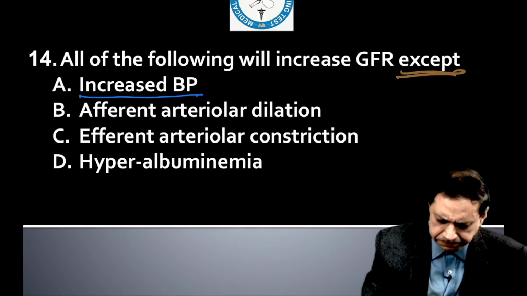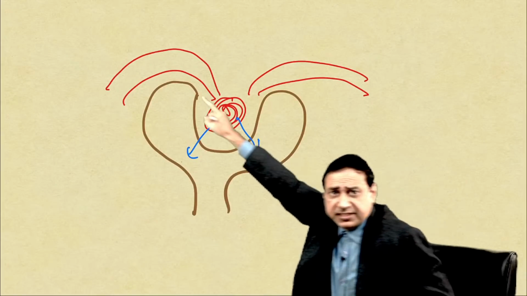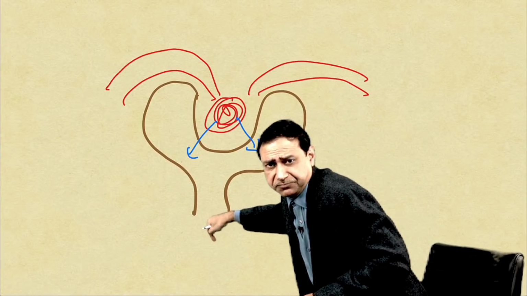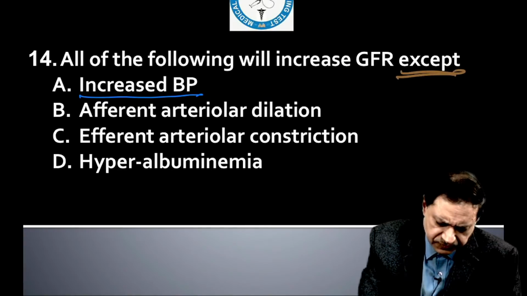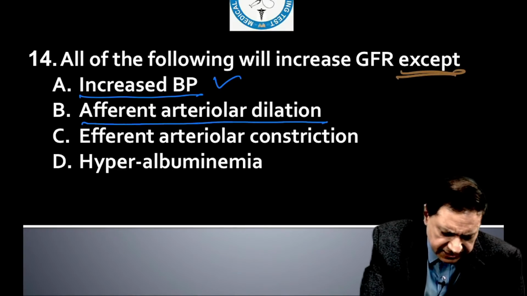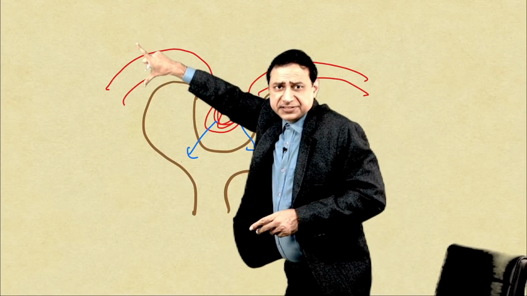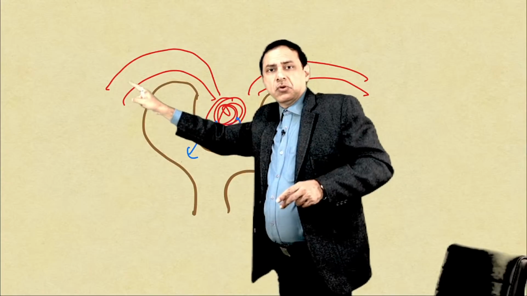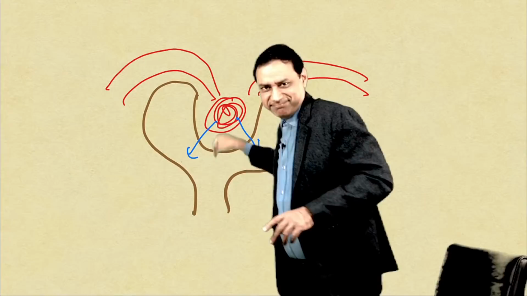Increased BP. Yes. When BP is increased, pressure here is increased, so more GFR. Afferent arteriolar dilatation. If this arteriole dilates, there is more flow, more pressure, more GFR.